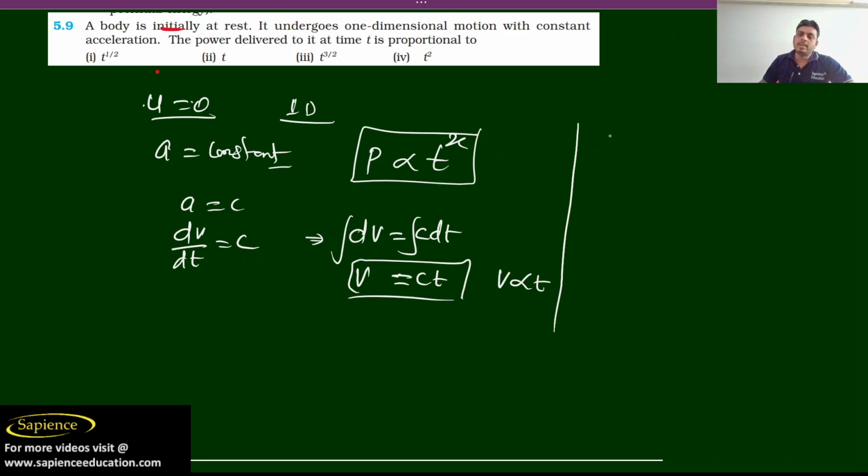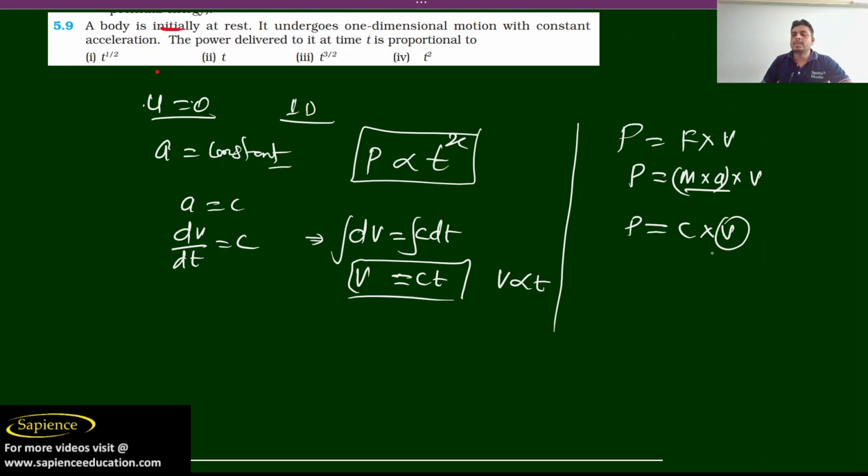Now, apart from this, power is equal to force into velocity. Force is equal to mass into acceleration, into velocity v gives power P. Mass and acceleration are constant terms, into v, and v is equal to ct.